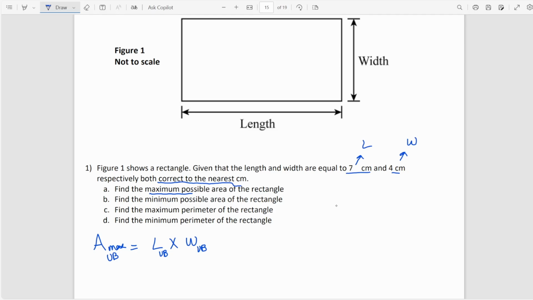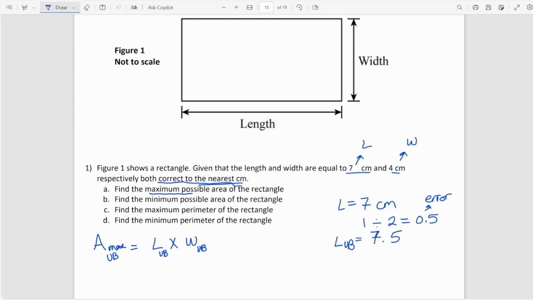So we know that the length is equal to 7 centimeters, and this is correct to the nearest centimeter. So the unit of round is 1, because it's the nearest whole number. Divided by 2, this gives us 0.5, and this is our error. So the upper bound of the length is 7.5.